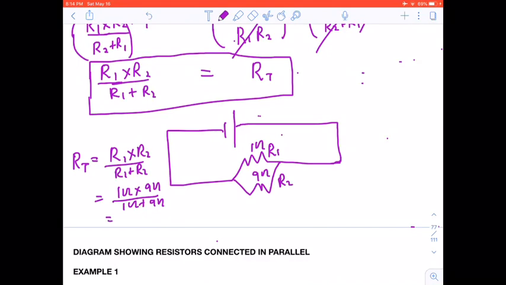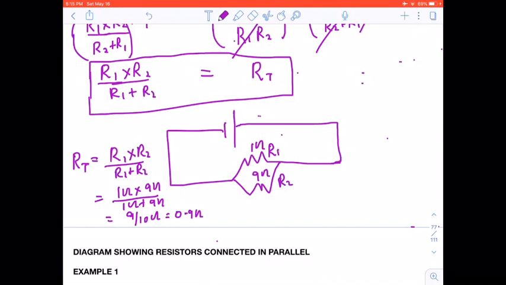So it's 9 ohms divided by 10 ohms, which is 0.9 ohms, the equivalent resistor. If you have these two resistors in parallel and substitute one resistor for them, the equivalent is one resistor with a resistance of 0.9 ohms.